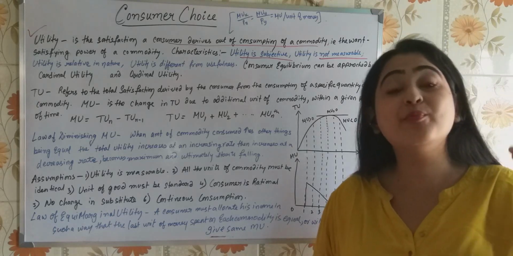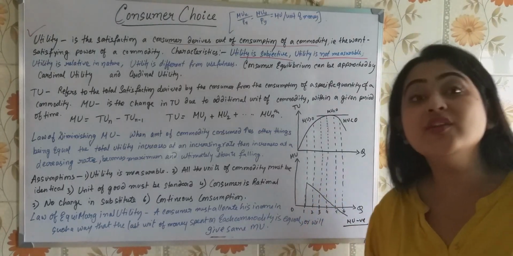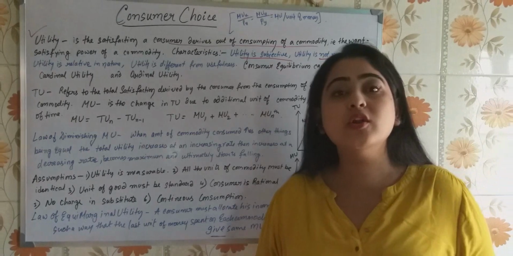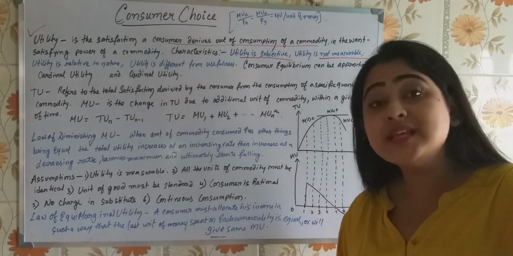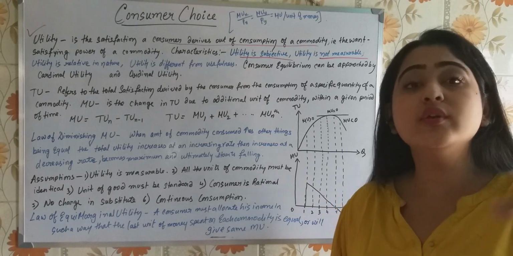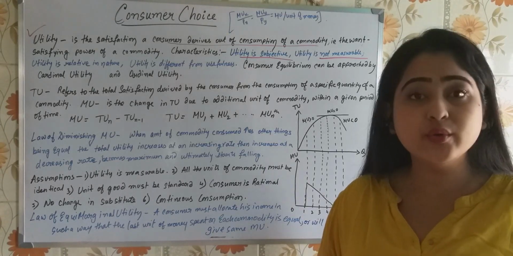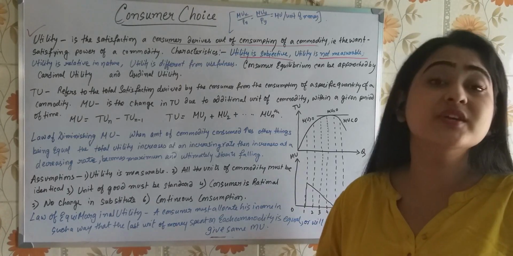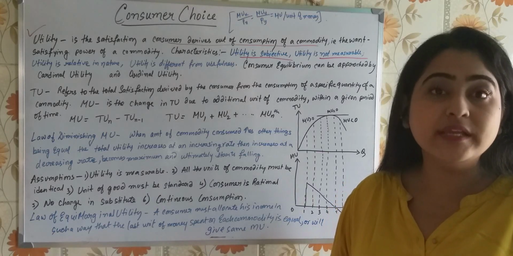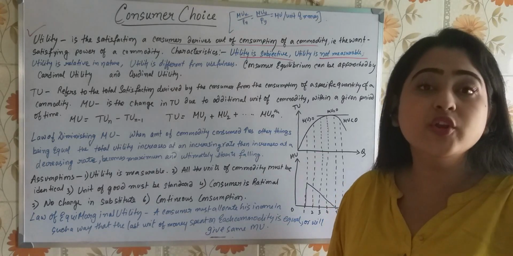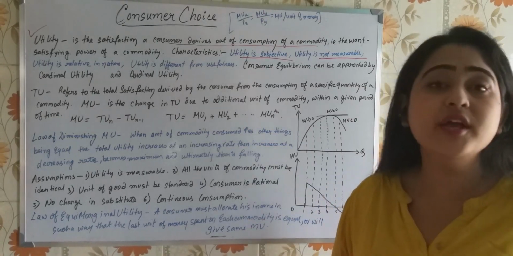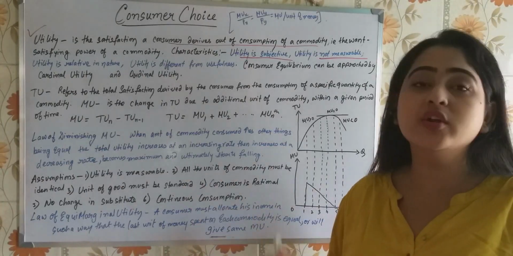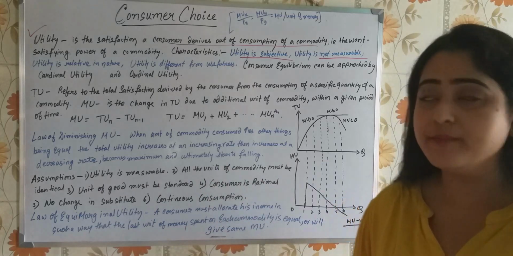Whenever you are paying a price for some commodity, if you are very thirsty and you need a bottle of water, they are charging you 10 rupees, okay, you can give. For the second bottle of water, you are never going to give 10 rupees or 15 rupees for that, isn't it? Because you have less need for that now. It is going to provide you less utility. So on the basis of money, maybe we can measure, but usually for a glass of water or a cup of tea, we cannot just measure it, isn't it?